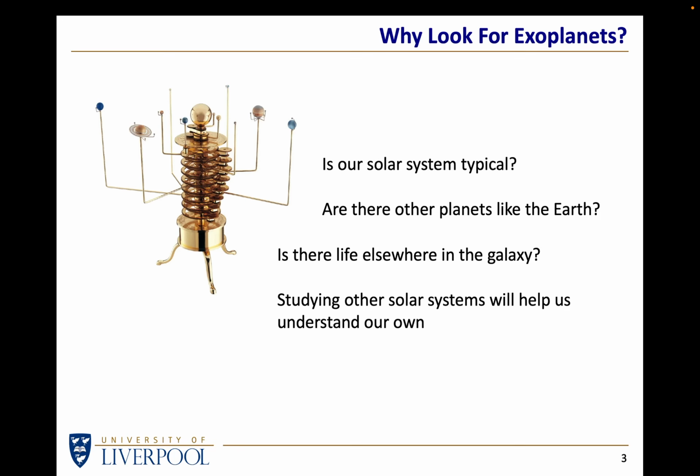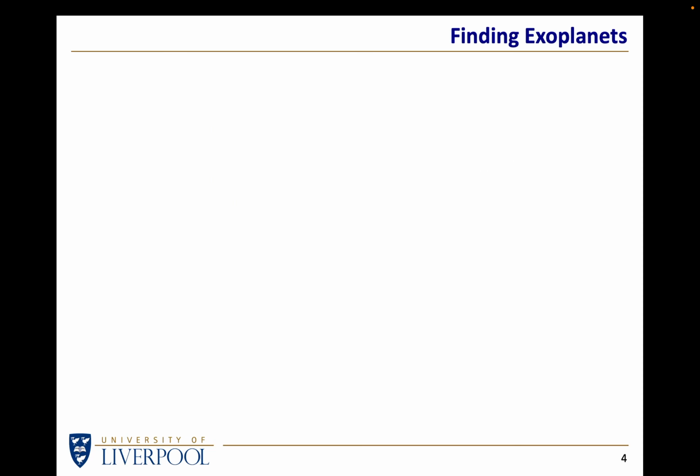Are there any other solar systems that have planets like the Earth, for instance? And if there are other planets like the Earth, what are the chances that there is life elsewhere in the galaxy? And even if there isn't life out there, then we think that studying other solar systems will probably give us better understanding of our own solar system.